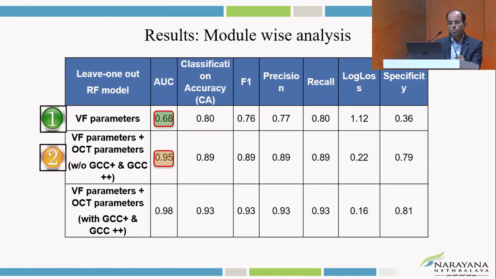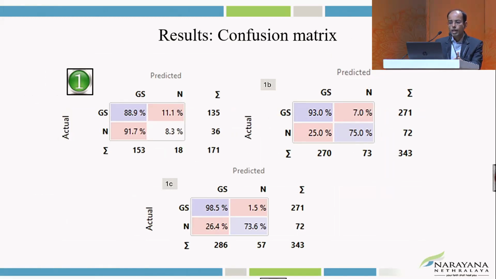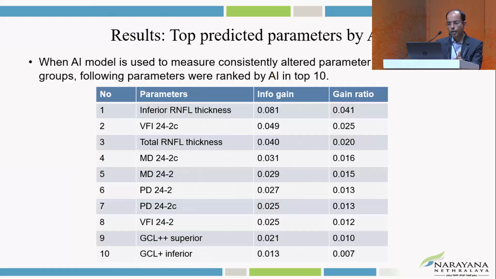When we study the modules, the VF parameters only have an AUC of 0.68, but when we include the OCT parameters, the AUC increased to 0.95 and further increased with the addition of OCT GCC and RNFL. The confusion matrix shows the same thing: with the VF, there was a high false positive rate, but it decreases when we include the OCT parameters.